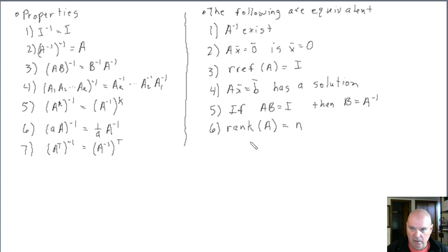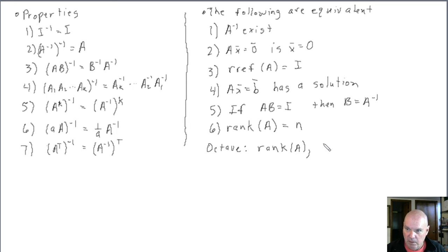I'll just point out a couple things I've probably been remiss about. In Octave, you can compute the rank of a matrix just with the function rank. Again, you can get that information from the reduced row echelon form. It's equal to the number of leading ones in the reduced row echelon form.